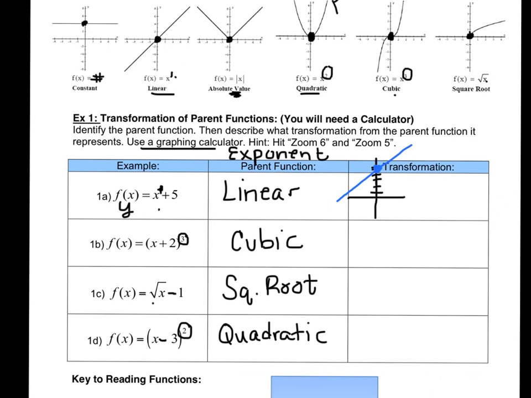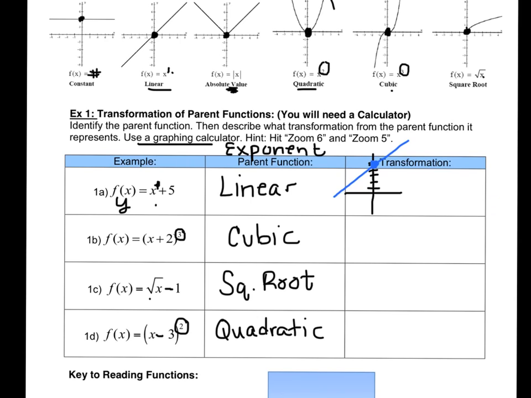It is translated up 5 units. So you can just write up 5. Now for the cubic. The graph of a cubic function normally would look like this, but this one, I'm telling you, is going to have that little dot 2 units to the left.